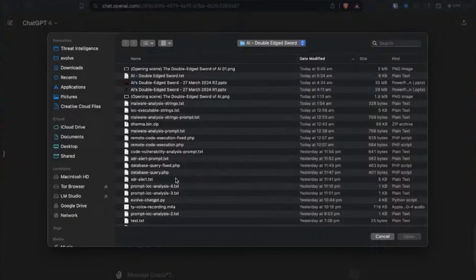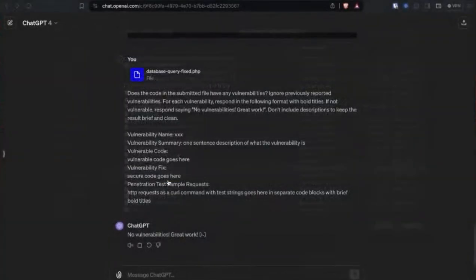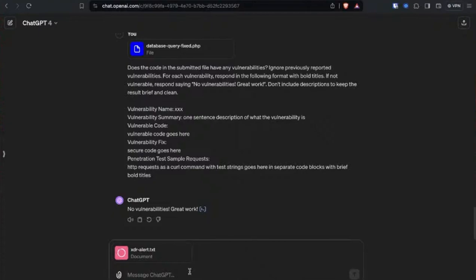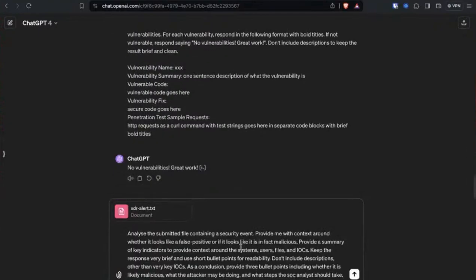So what we're going to do is the same sort of thing that we did with the application. We're going to upload our XDR alert, and provide a generic prompt around what we want the LLM to do. In this case: analyze the submitted file containing the security event, and provide me with context around whether it looks like a false positive or if it is in fact malicious. Provide a summary of key indicators to give context around the systems, users, files, and indicators of compromise.